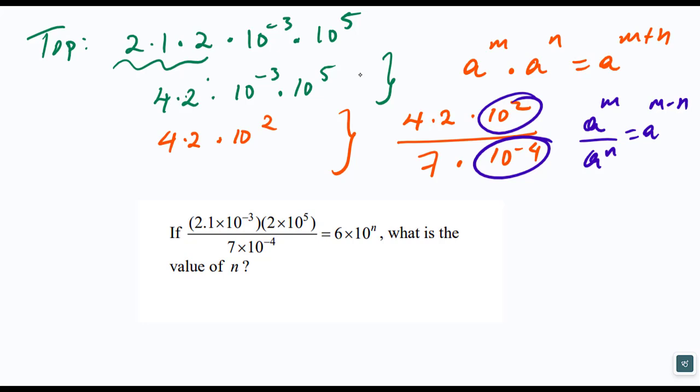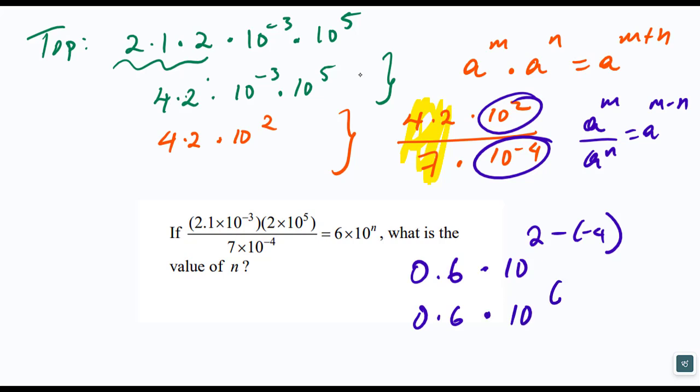So I'm going to divide also 4.2 by 7. That's going to give me simply 0.6 times 10 to 2 minus negative 4. So I'm going to have 0.6 times 10 to 6.